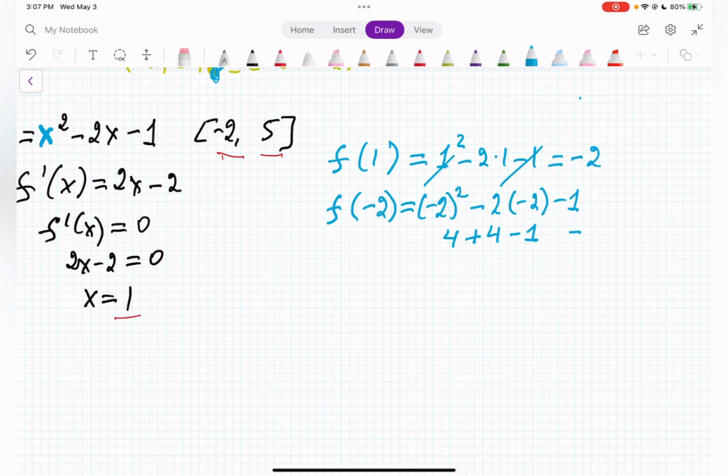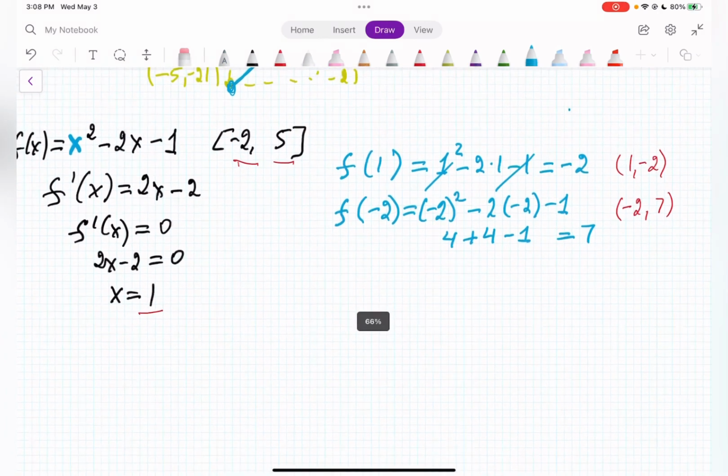We are getting 7. So here the coordinates are 1 and negative 2. Here we have the coordinate negative 2, positive 7.